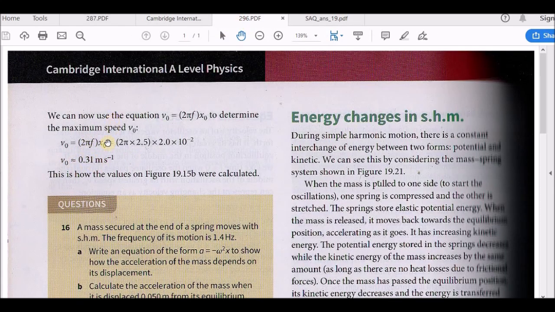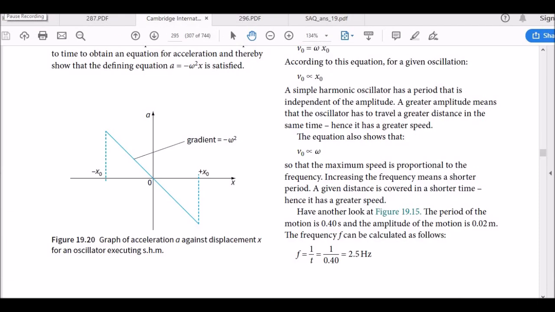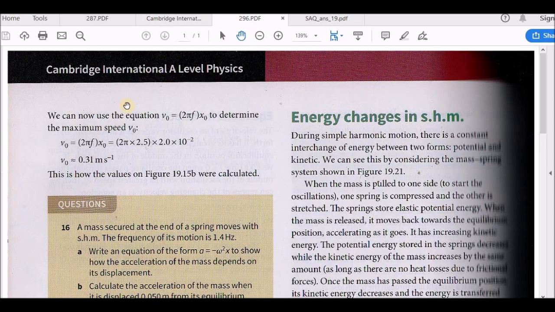So if you know the frequency, if you know the maximum displacement, you can find the maximum velocity using this equation. But at that time you didn't learn this equation, now only you learned this. So what you can do is you can apply this equation now for those questions where you had a displacement type graph and you had to find the maximum velocity. Now you can apply it and find whether you get the exact answer.